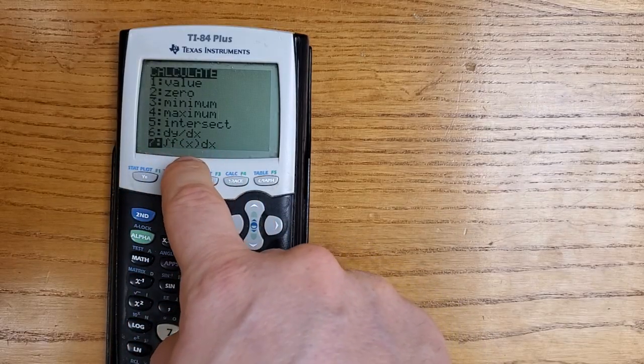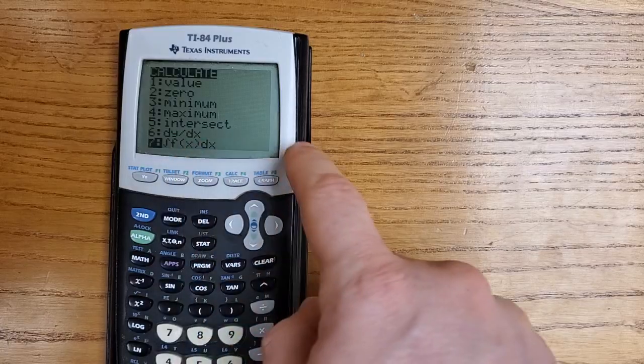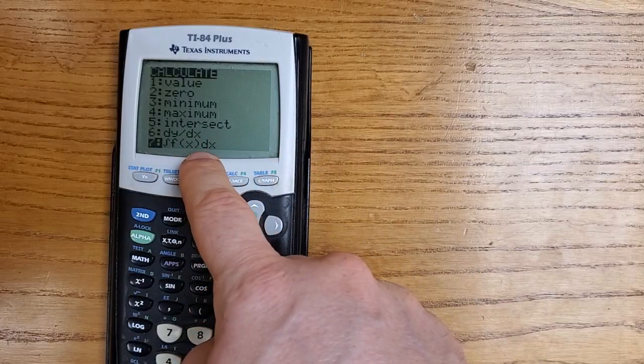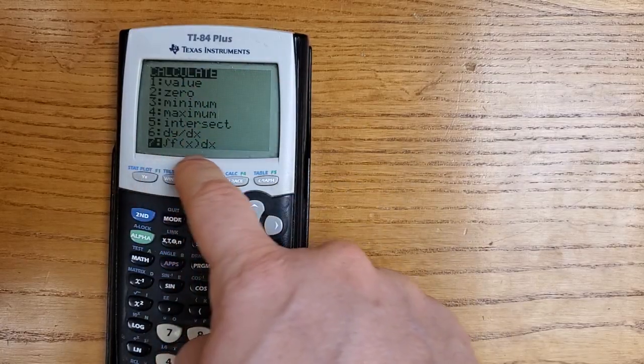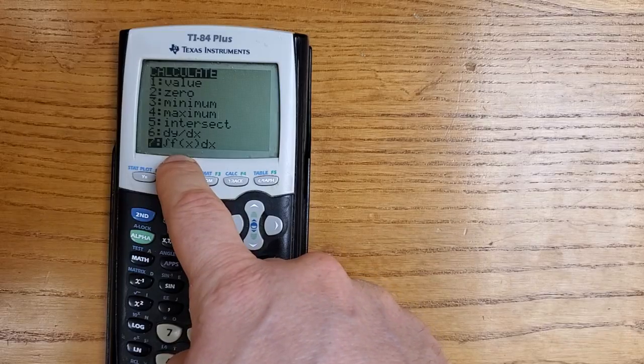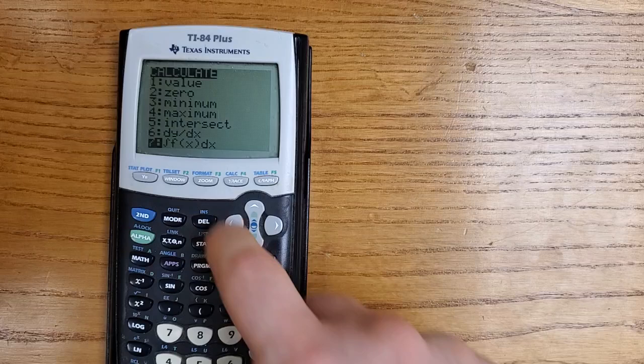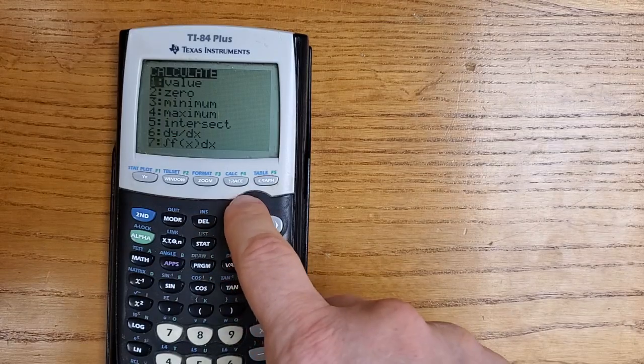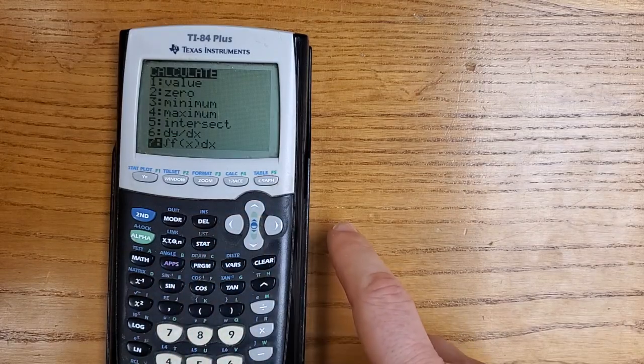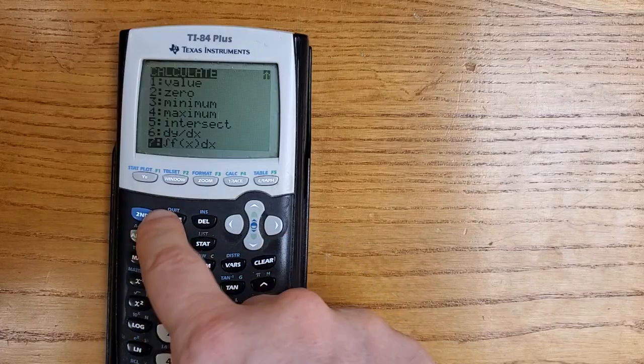We definitely used that a couple of times, and it'll ask you which function, or if you only have one graphed, then I don't think it does, but it'll ask you for the lower bound and the upper bound, and then it'll calculate for you the definite integral there. And I think that was pretty much everything that was important with the calculator.